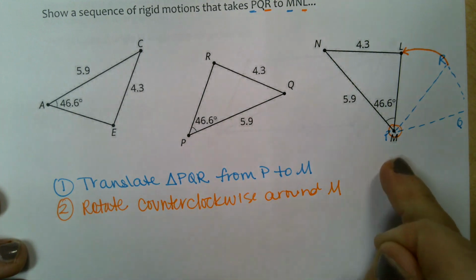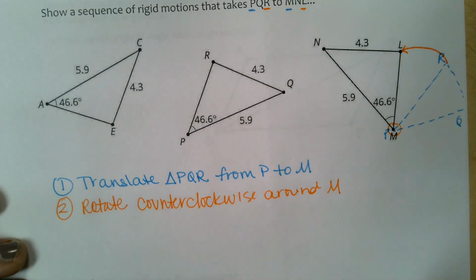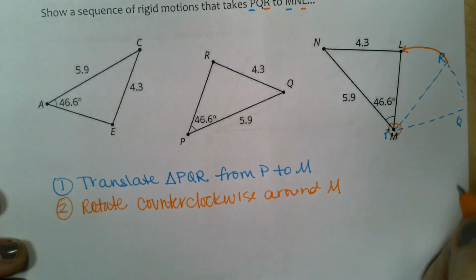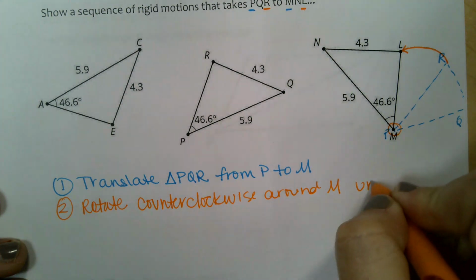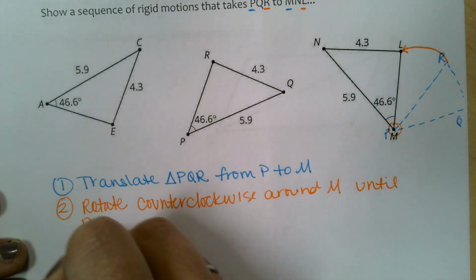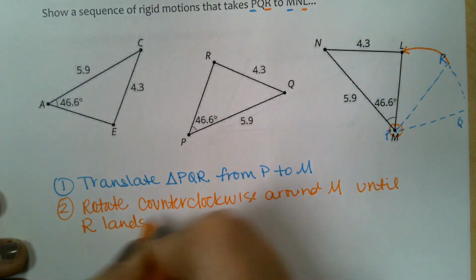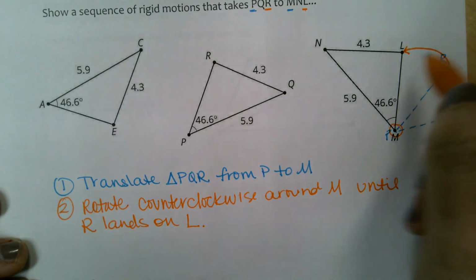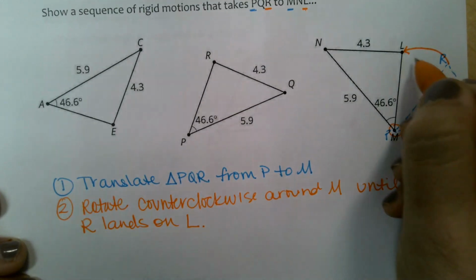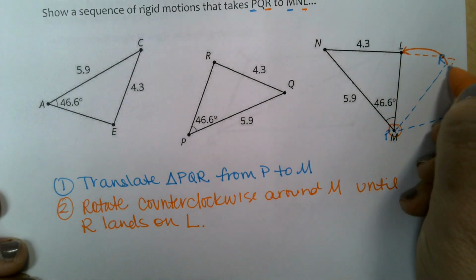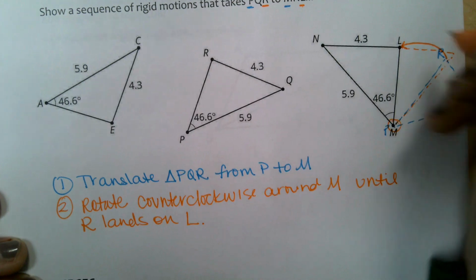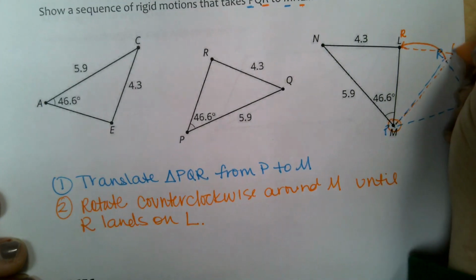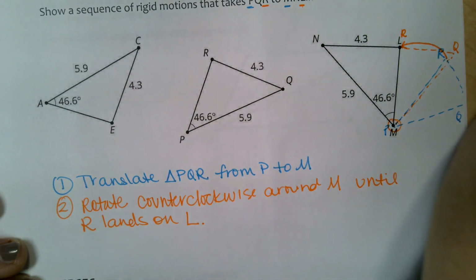We already have P and M lined up, so that's why we want to do it right there. So rotate counterclockwise around M until R lands on L. Okay, so then at that point, our triangle, again just doing kind of a rough sketch here, R will be here and Q will be here.